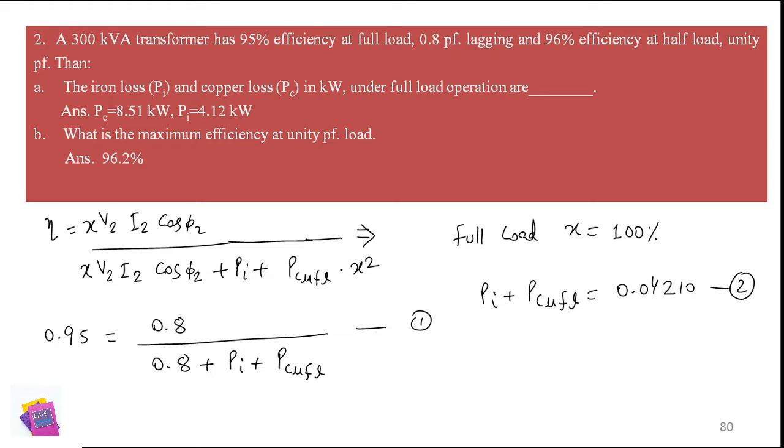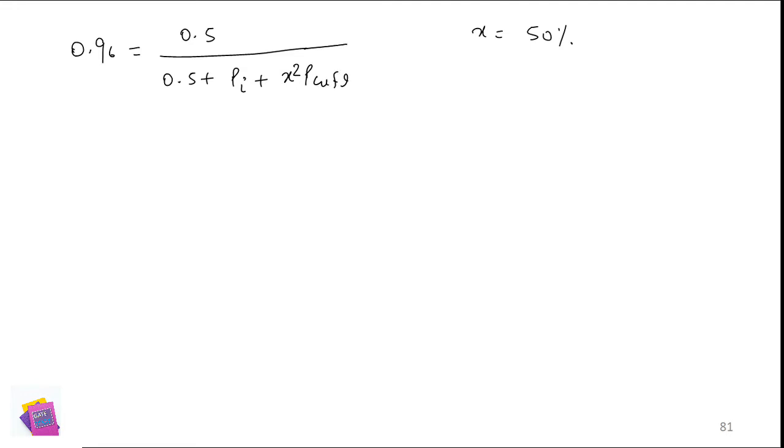Okay, next: 96% efficiency at half load, unity PF. For this also write the equation here: 0.96, half load and unity PF. For half load, what is the value of x? 50%, which means 0.5. So 0.5 divided by 0.5 plus iron loss, which is constant, plus x square into P copper full load loss, which is 0.25 P copper.